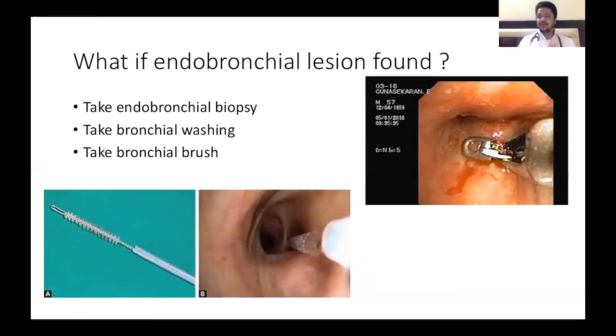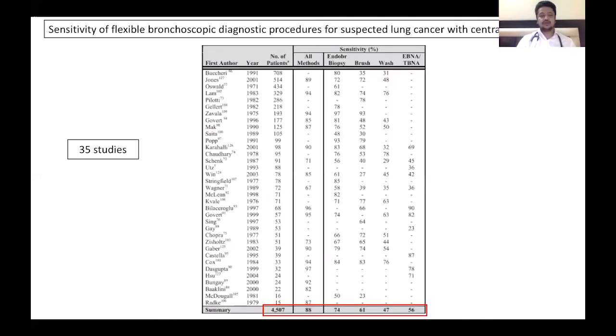So we need to do endobronchial biopsy plus brush plus bronchial washing if we find something endobronchial in a case of central mass or suspected malignancy. There is literature behind that: if you only go with endobronchial biopsy, then the sensitivity, meaning the diagnostic yield, is only 74%.